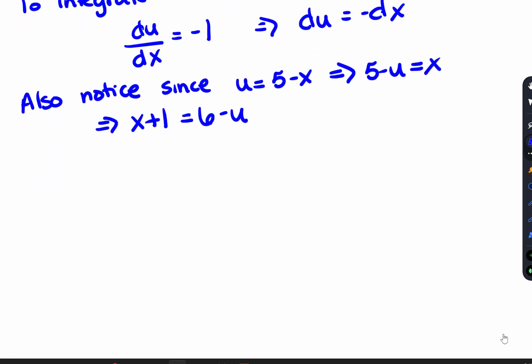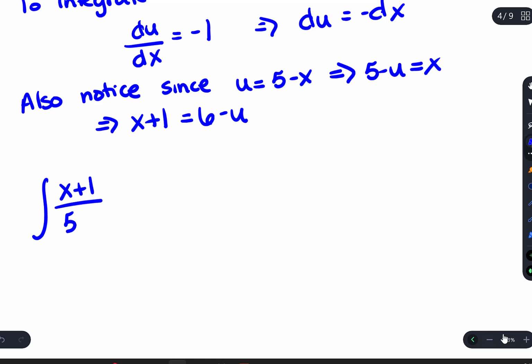So starting out with our original integral, we've got x plus 1 over 5 minus x dx. And now we're going to go through and make our substitutions. So x plus 1 is equal to 6 minus u. And 5 minus x is equal to u.